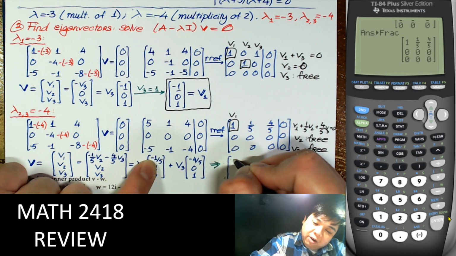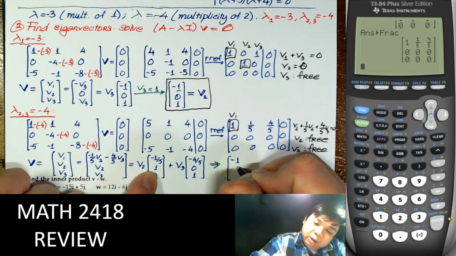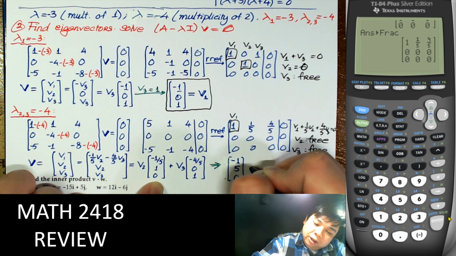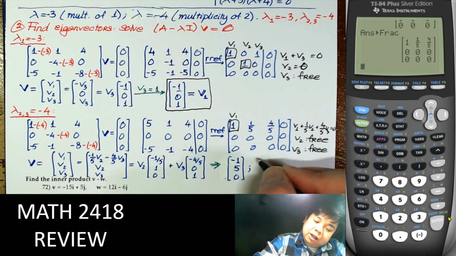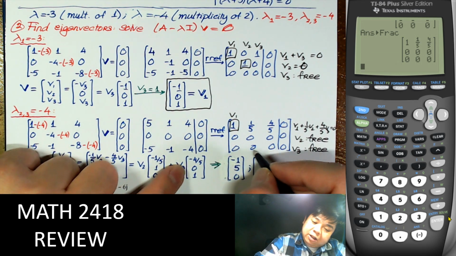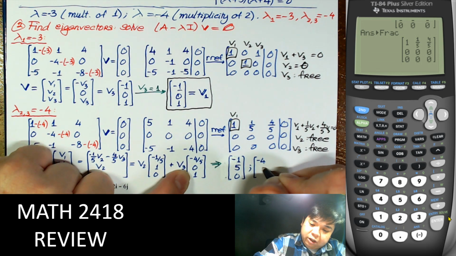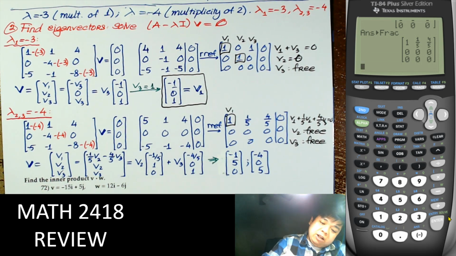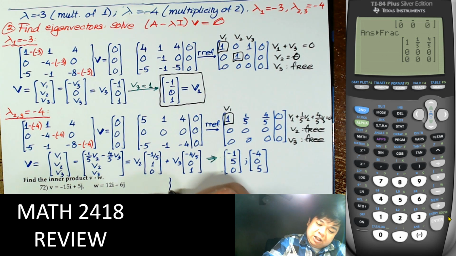So multiply by 5, negative 1, multiply by 5, and the other vector multiply by 5: negative 4, 0, and 5. So put that together. Sorry, I can't run out of space here.